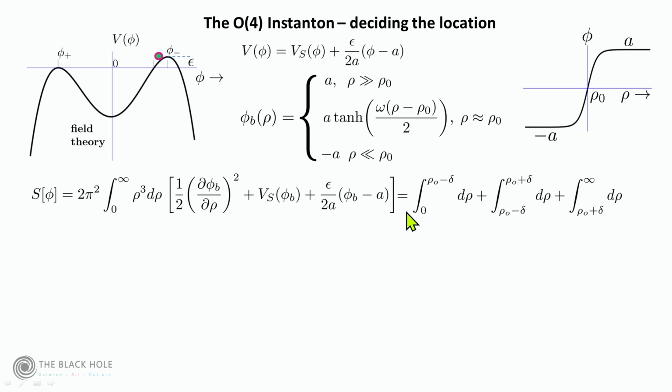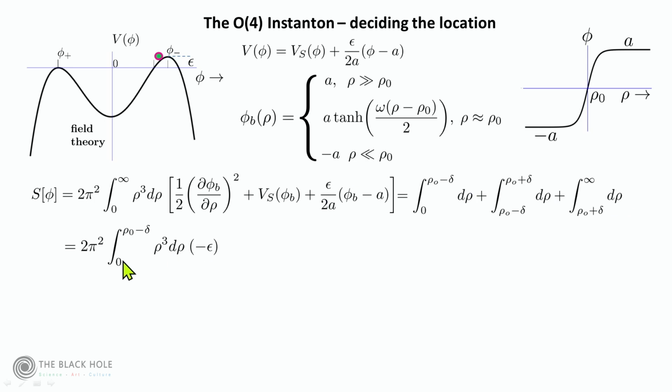Okay, so now we have to do this integral, and this integral can be divided up into three parts. You'll go from 0 to just a little bit before the wall, then you'll integrate through the wall, and then you'll integrate after the wall. So now we will do all three integrals.